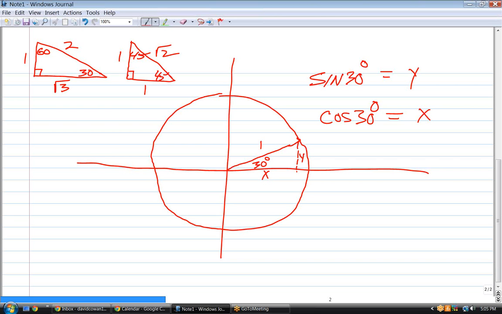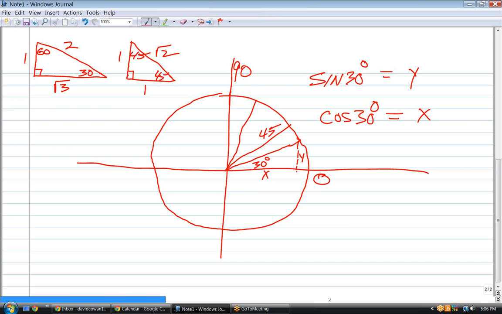Okay, so these two triangles allow me to compute the trig function of any of these first quadrant angles. In other words, there's also the 45, the 60, and they said the 0 and the 90. Well, that's 90, and that's 0.